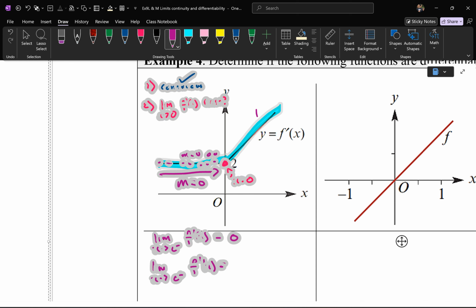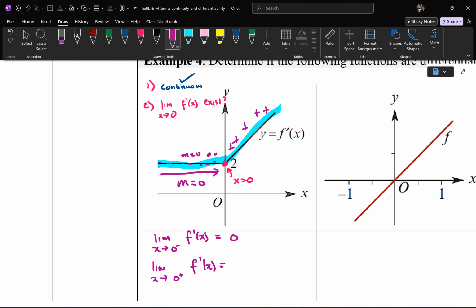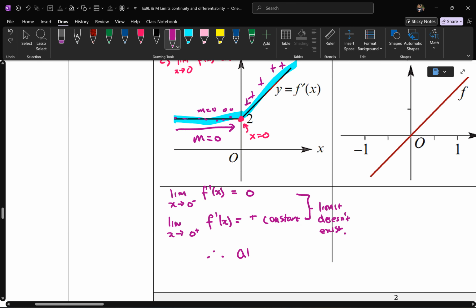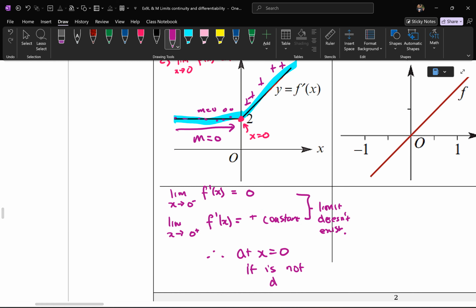Okay, so whatever this is, it's all positive gradient, so we can say it is a positive constant. Hence, limit does not exist. And if the limit doesn't exist, condition 2 is not met. That means at x equals 0, so therefore at x equals 0, it is not differentiable.